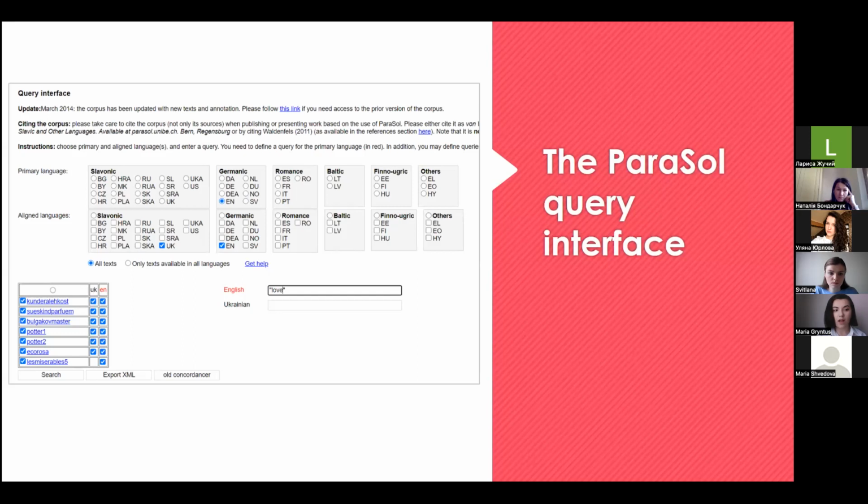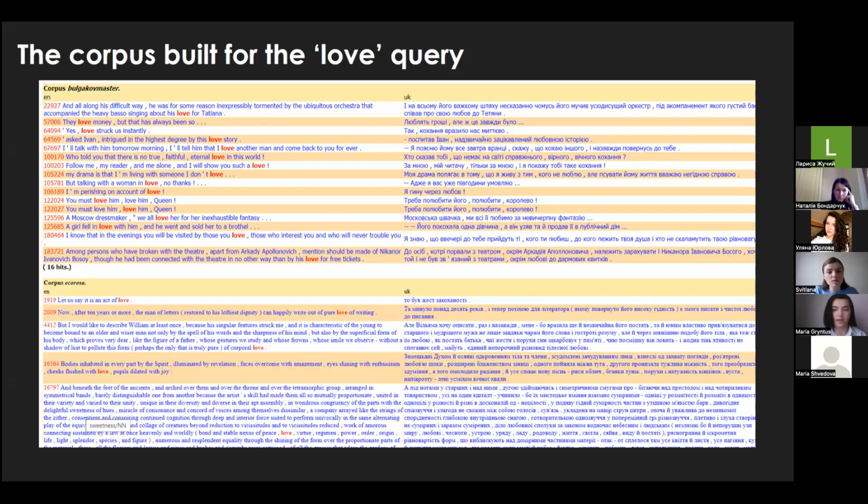Here is an example of a corpus built for a query. Firstly, we make a corpus for each of the basic emotion metaphors. Thus we get results for anger, sadness, fear, happiness, disgust, and surprise emotions.